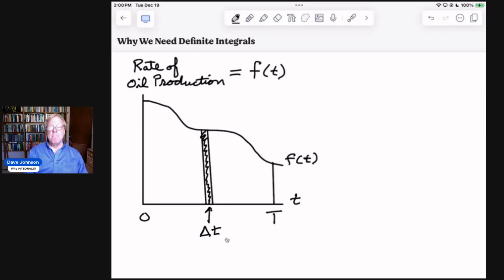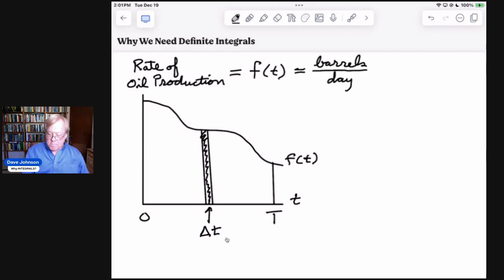Okay. And so if f of t is the rate of oil production, what might that be? Well, barrels of oil per day, let's say.